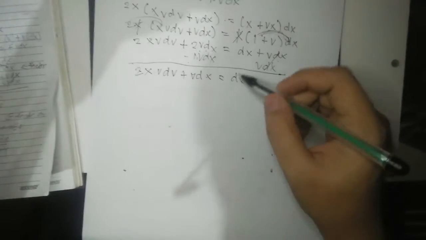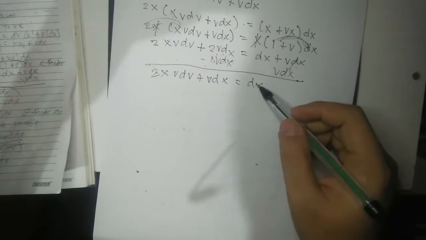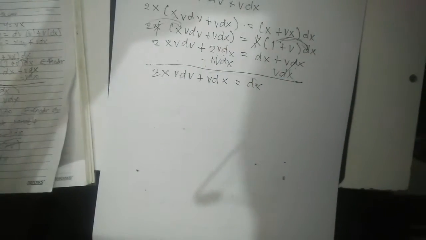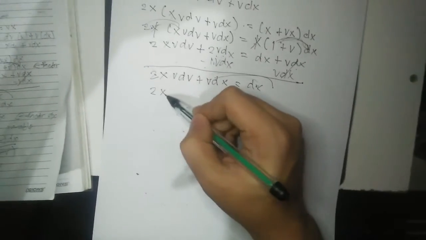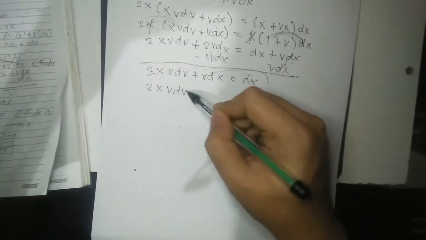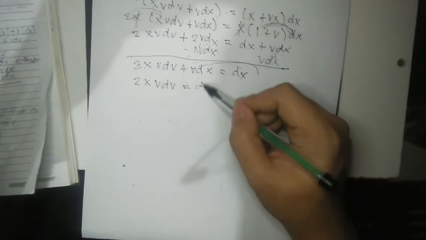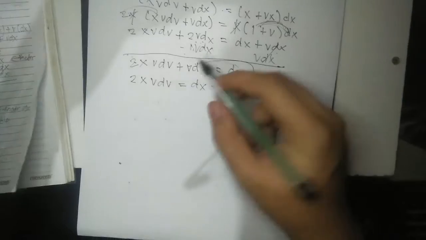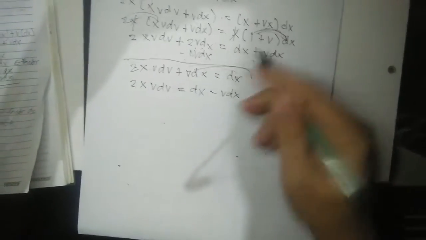Now we transpose it here, so it will become 2xv dv equals dx minus v dx, negative since we transferred it.